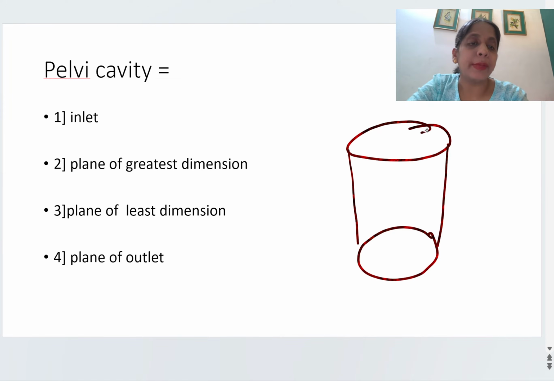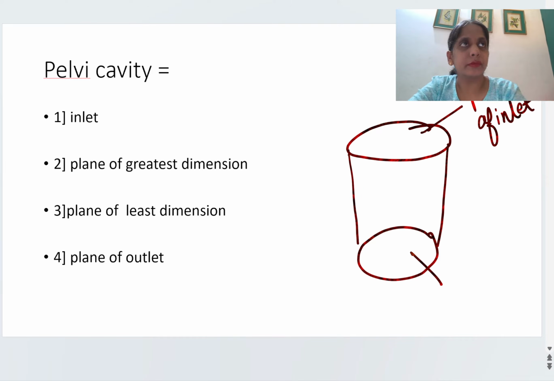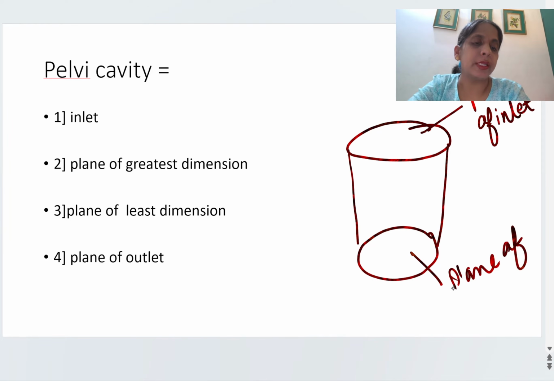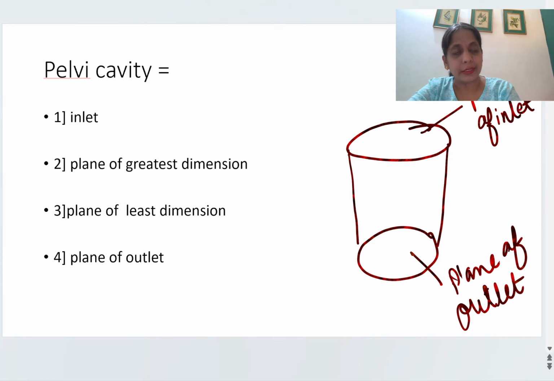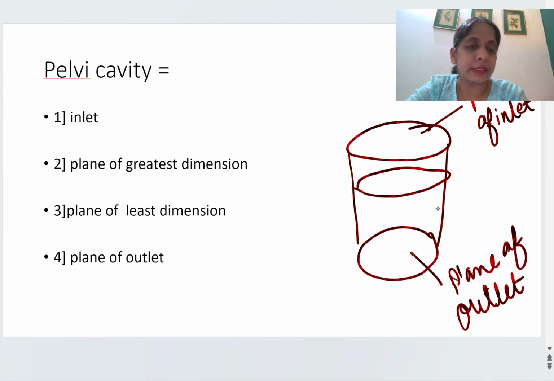Of course, one plane is the plane of inlet, and another plane is the plane of outlet. These are the two planes we have studied. Now two more planes are there in between, like this.